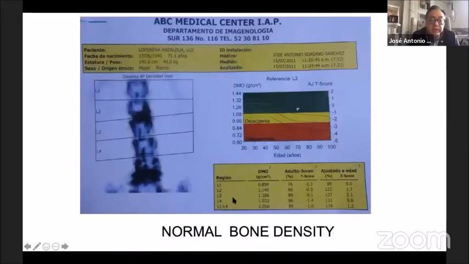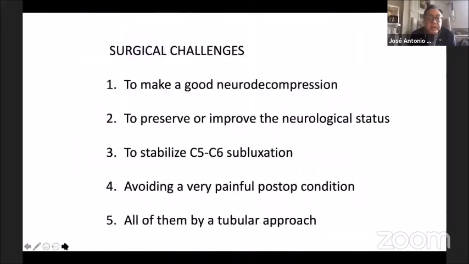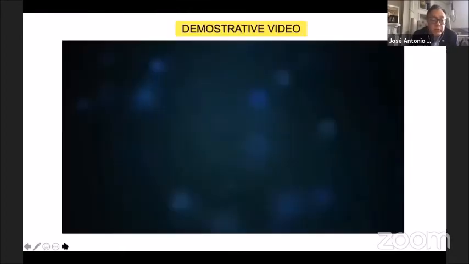This patient had a normal bone density, fortunately, so the surgical challenges were to make a good neurodecompression, to improve the neurological status, and to stabilize the subluxation, avoiding a very painful post-op condition.